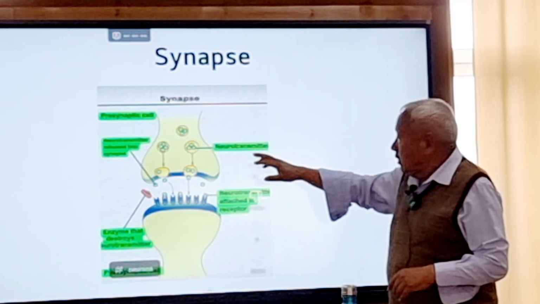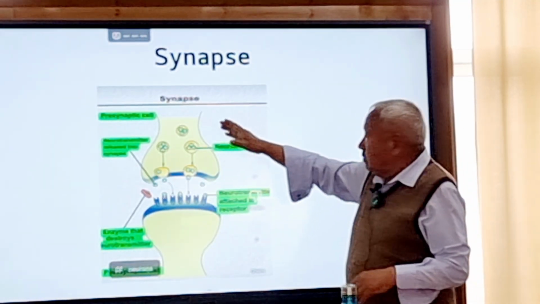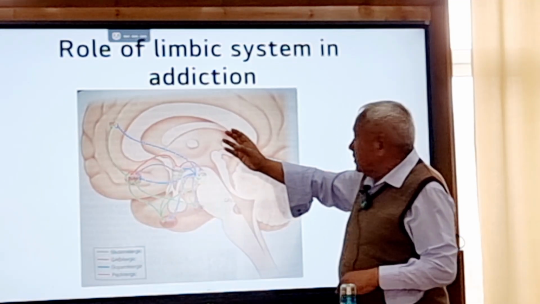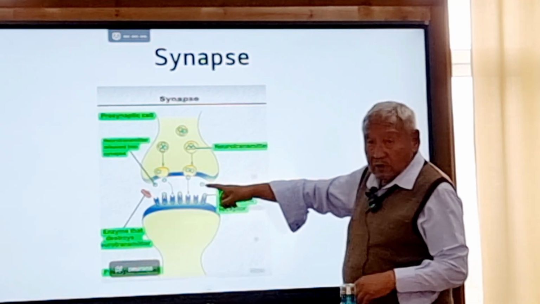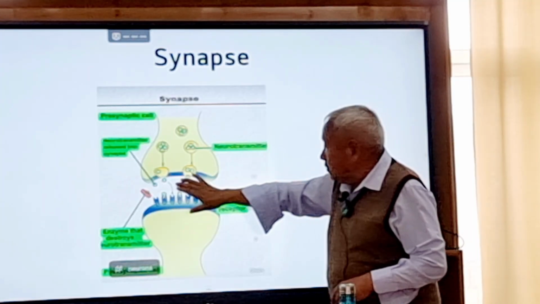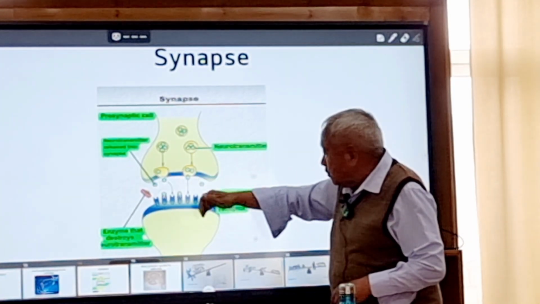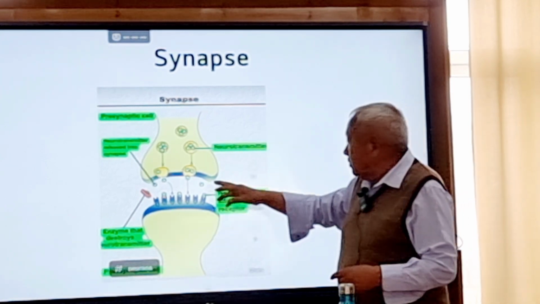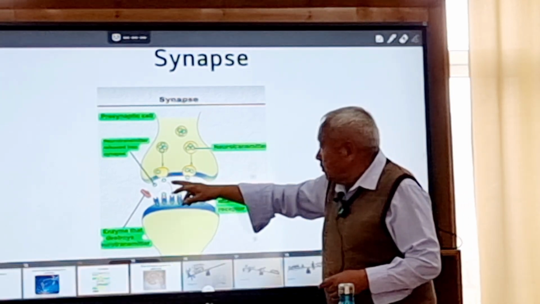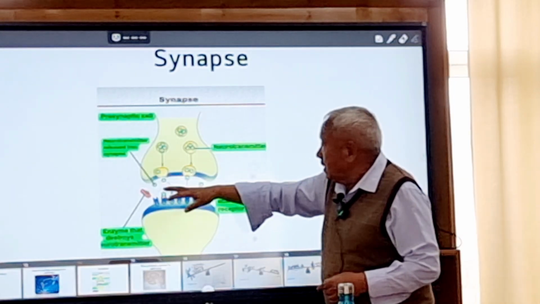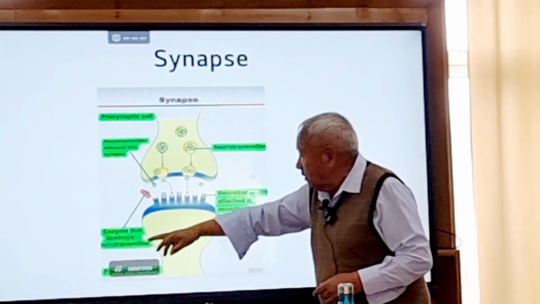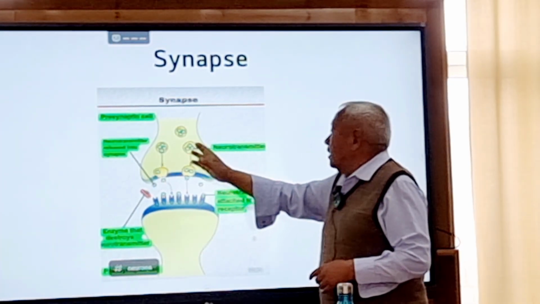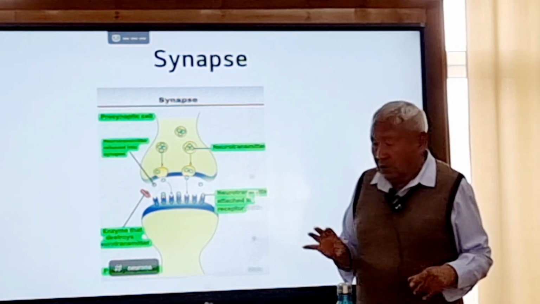As I said, when the electrical potential comes, these vesicles release the neurotransmitter here, which passes into the next neuron, and this goes on. Some of the released neurotransmitter is acted on by enzymes. Either it is destroyed or it is reuptaken and again made into vesicles in the neurons.